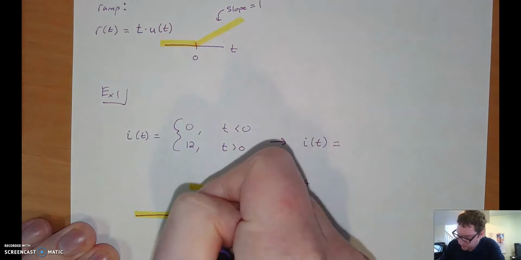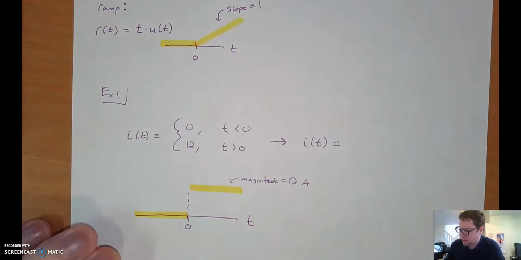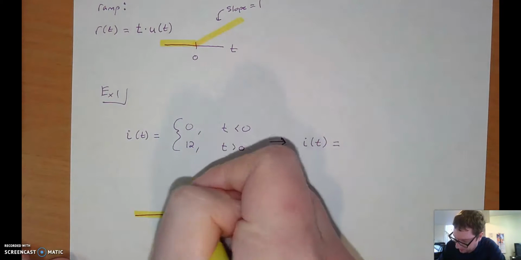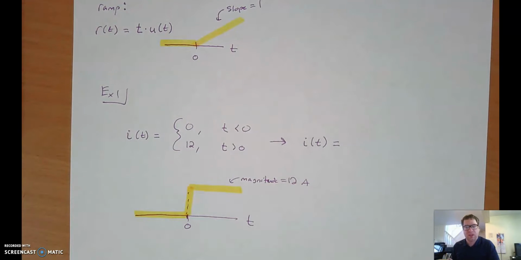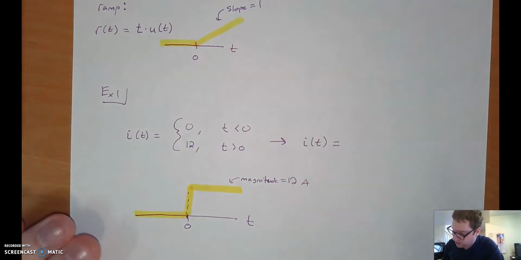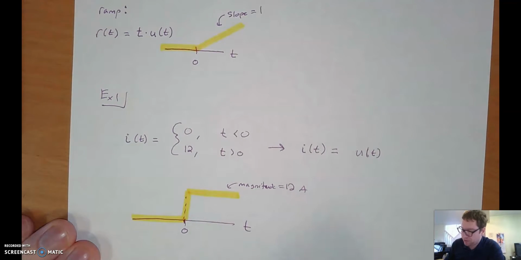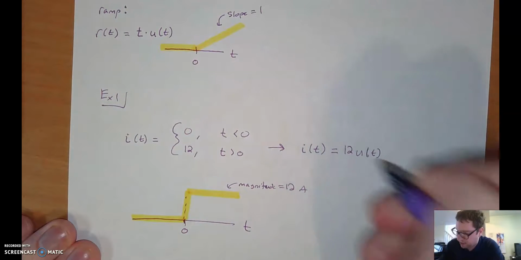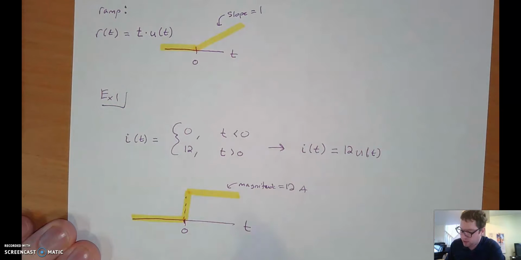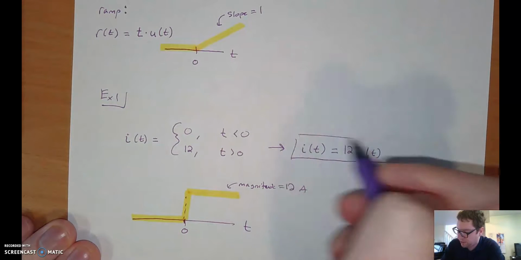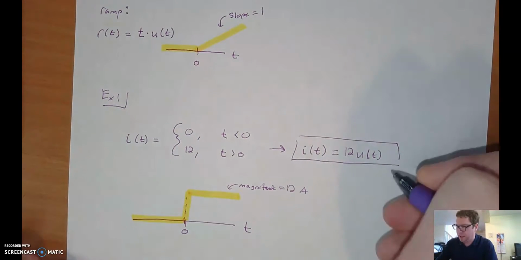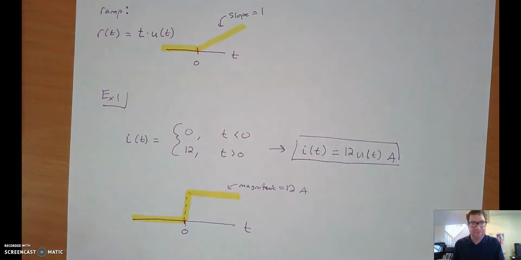If you wanted to, you could dash this line, but normally we'll make it look like a step function because it is a step function. The step function is u of t, but that's only equal to 1. If I want to make the magnitude 12, then all we do is multiply the step function by 12. And that is your answer: i of t equals 12 u of t. Amps would be the units on that. All right. If you have any questions, feel free to contact me.